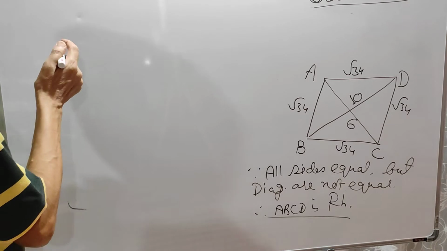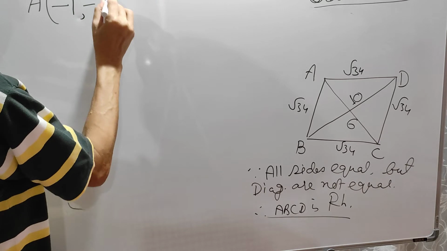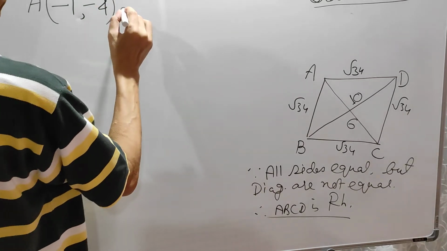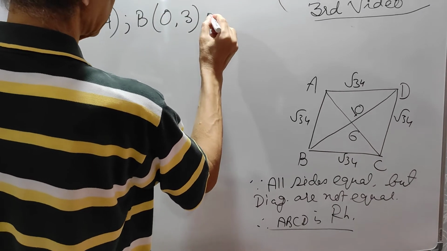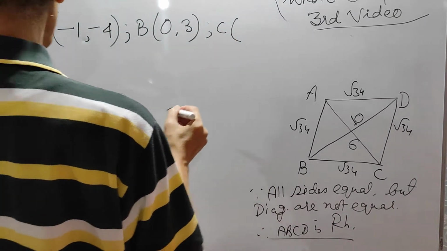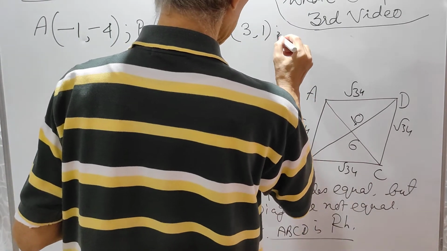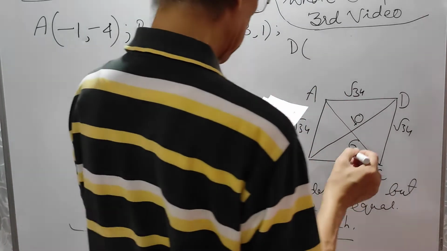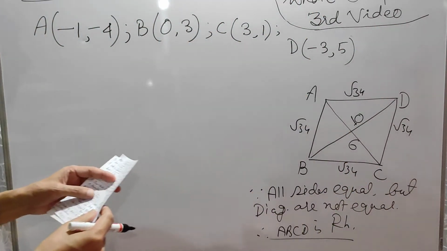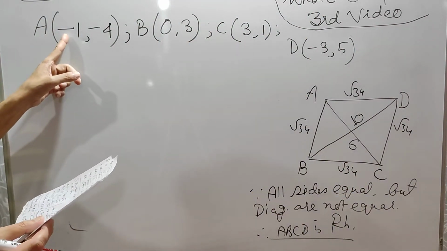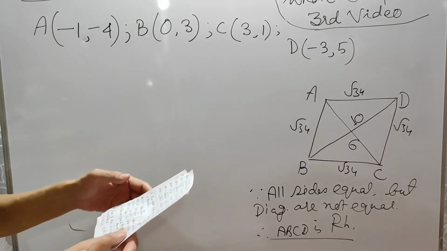These are the points: A equal to (-1, -4), then B equal to (0, 3), then C equal to (3, 1), and then D equal to (-3, 5). So the 4 points are given: (-1, -4), (0, 3), (3, 1), and (-3, 5).